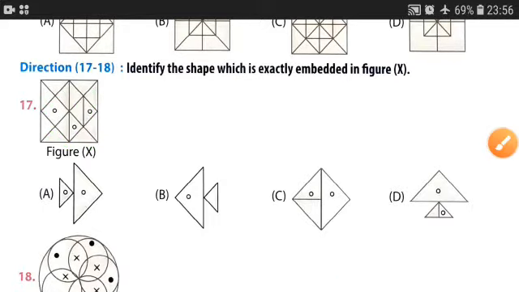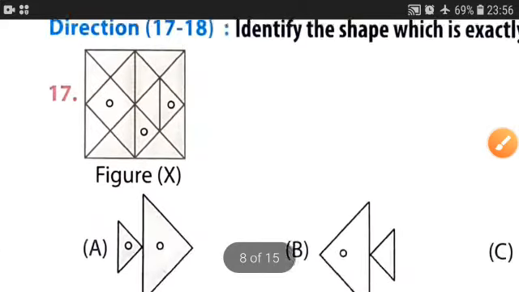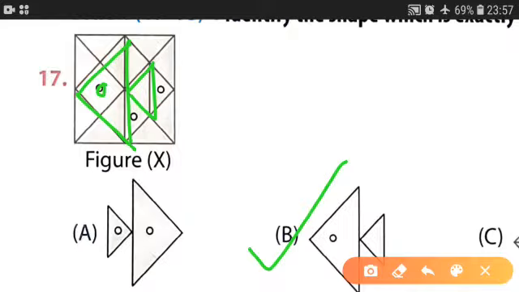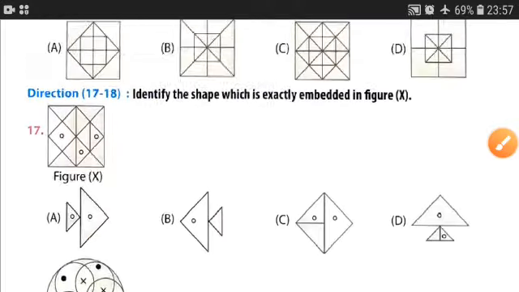Okay, let me draw properly. This, this, then this, and this, and this, and a small circle. So option B can be embedded in the figure X. Yes, option B can be embedded. Okay, so the correct answer is option B.